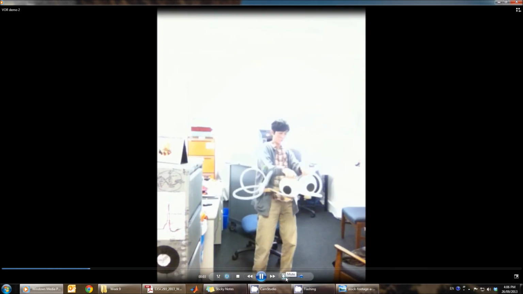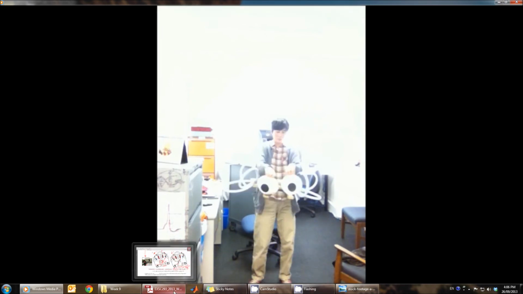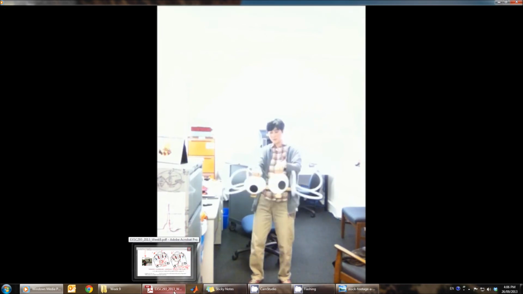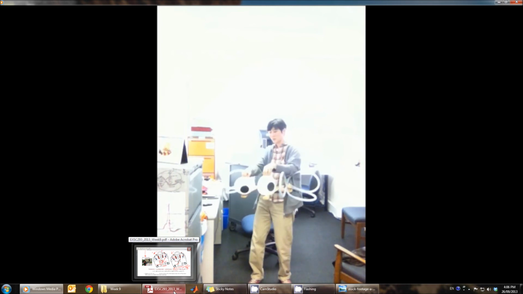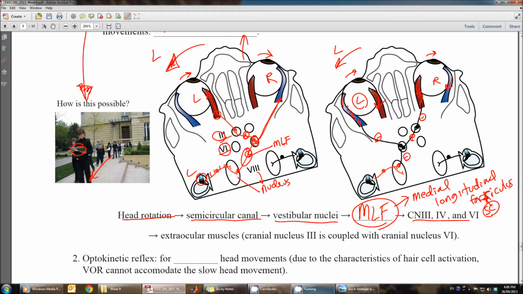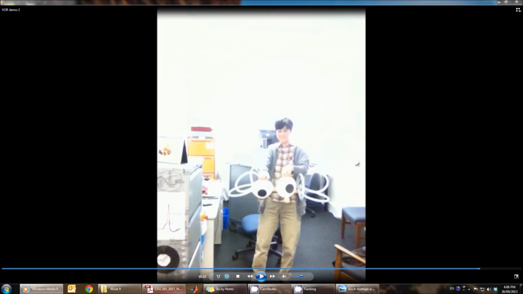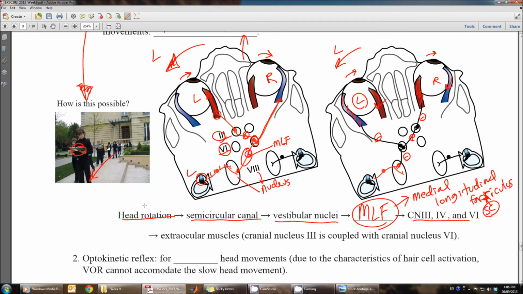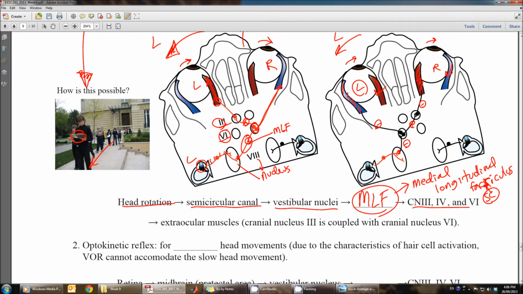So the opposite direction, counter rotation, helps the gaze to be stabilized. So it applies to not only left and right, but also up and down as well. So in that way, we are able to read books while walking, because this subtle adjustment in the eye movement opposite to the head movement occurs really quickly.